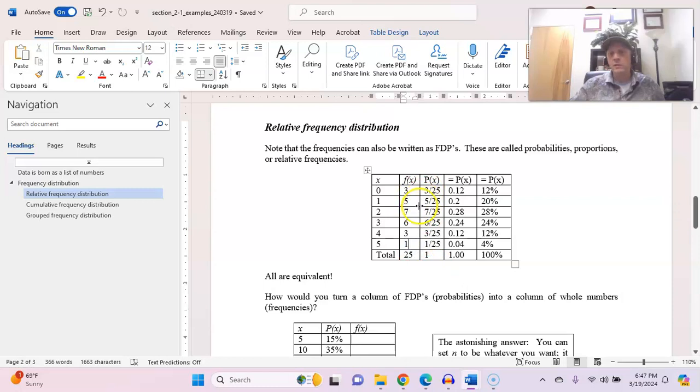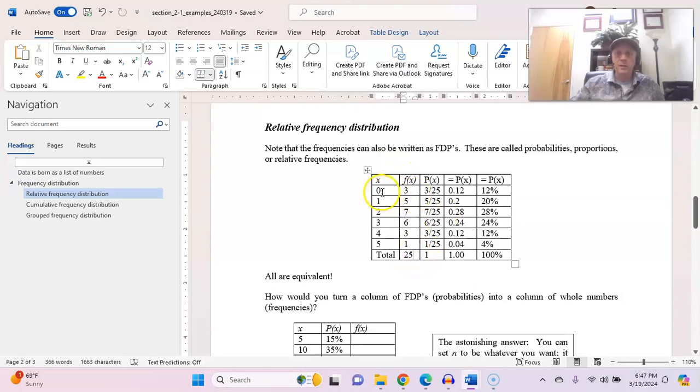What I'm doing now is I'm taking these whole number frequencies and I'm converting them into fractions, decimals, or percents. Now, in order to do that, all we really need to know is what the denominator is. We need to know how many numbers are in the whole list. And of course, we know from this example that there are 25.